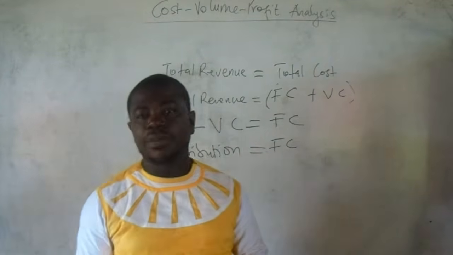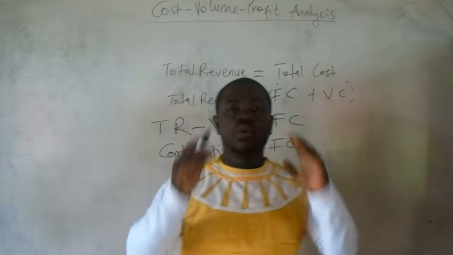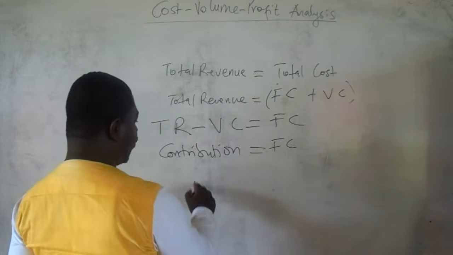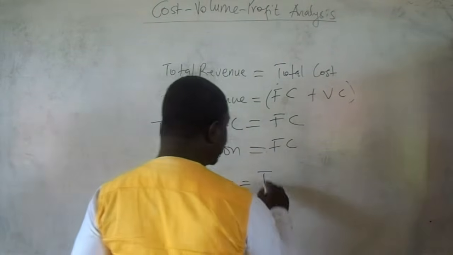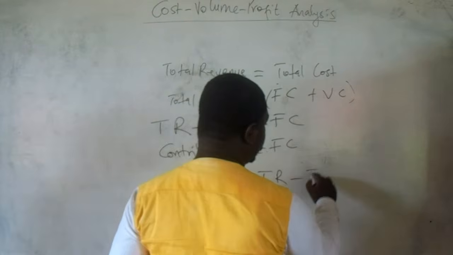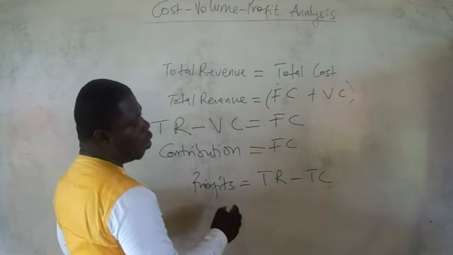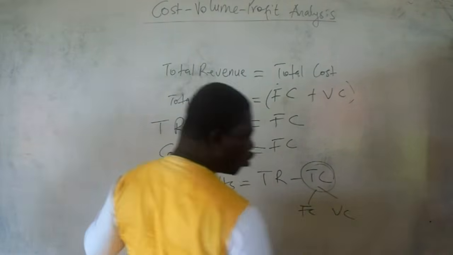And what is contribution? I'm going to go into the concept of contribution. Now, we know that profit will be equal to your total revenue minus your total cost. That is profit. And so these total costs also have fixed cost and variable cost components.